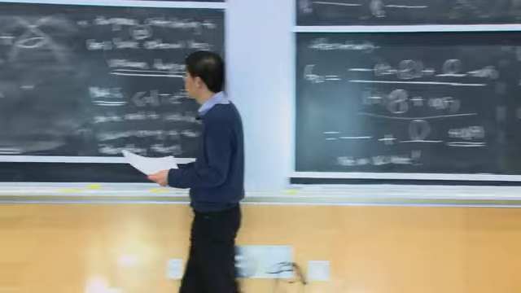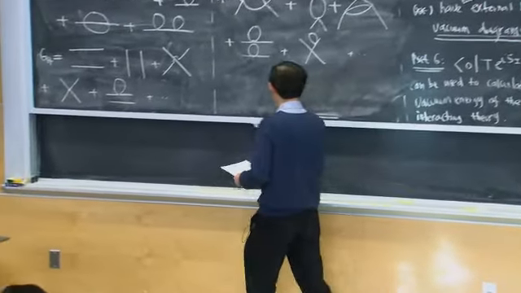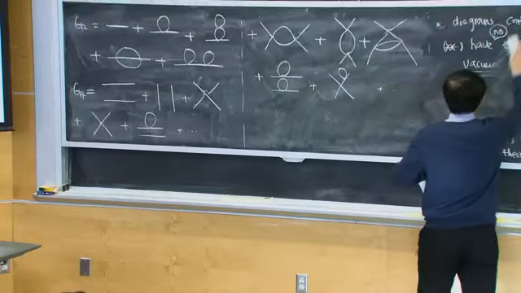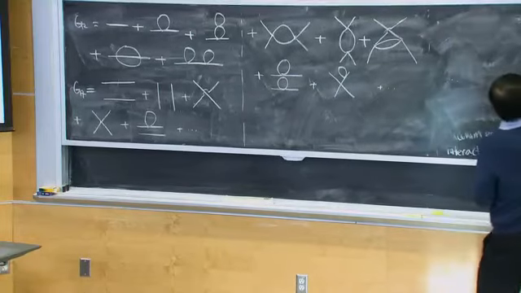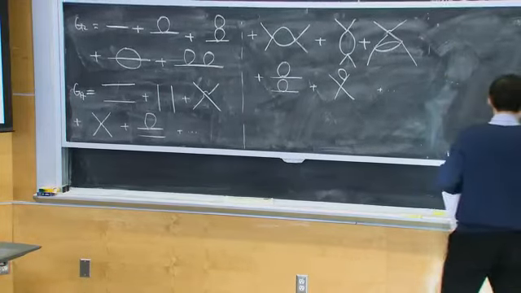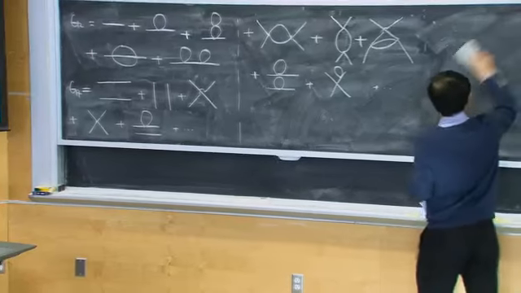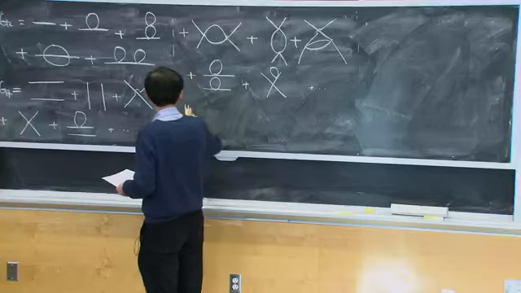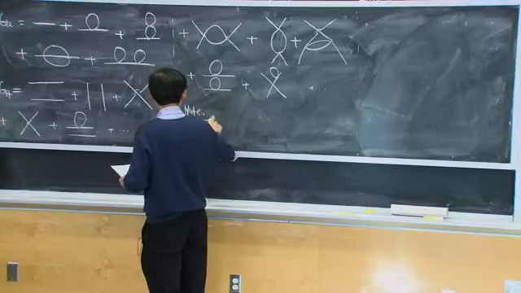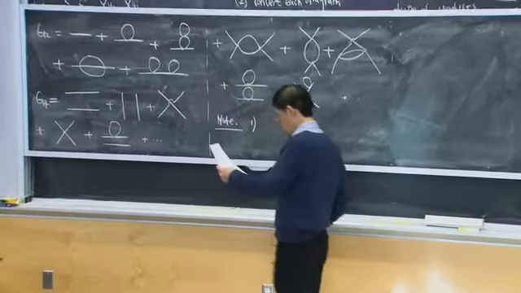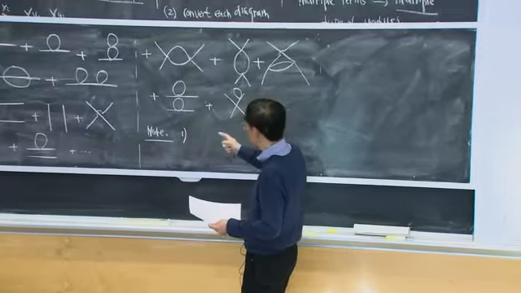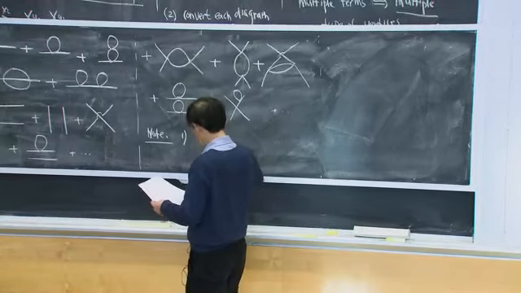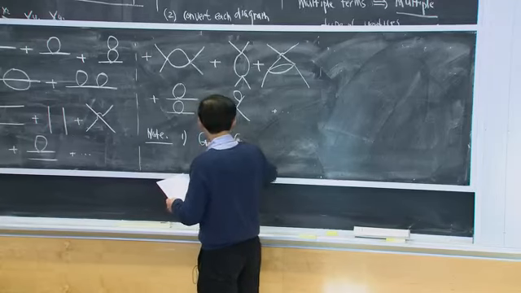Now let me make some remarks here. First, the diagrams can be separated into 2 types. The full G_N separates into 2 types. One type is called connected diagrams.